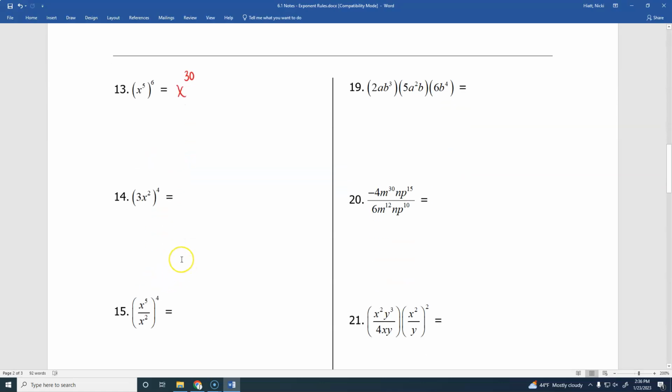Okay, now let's look at number 14. 14 is going to be different because 14 has this 3 right here. Does anybody know the fancy name that we call the number in front of a variable? What is it? Coefficient. So this is the coefficient.